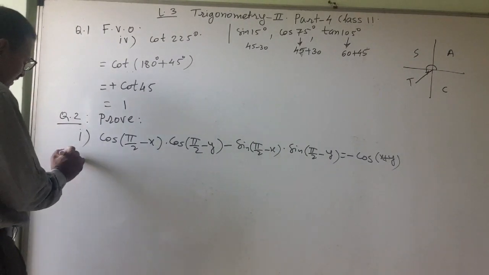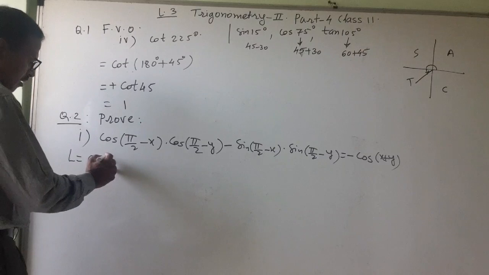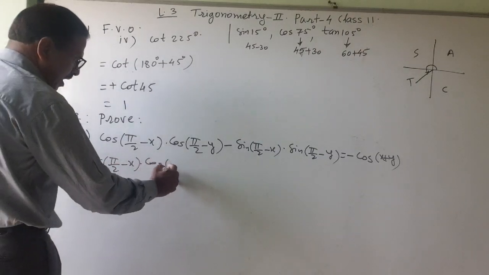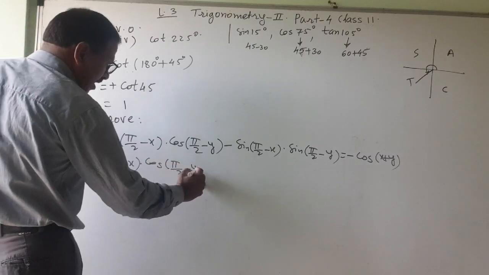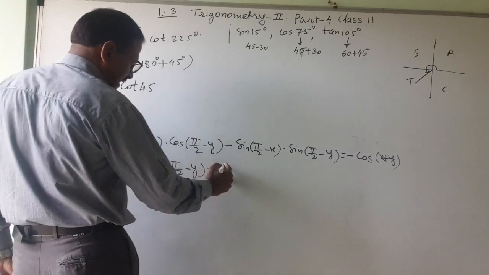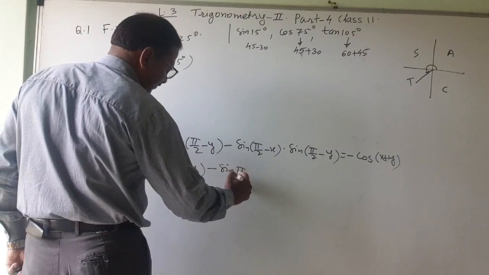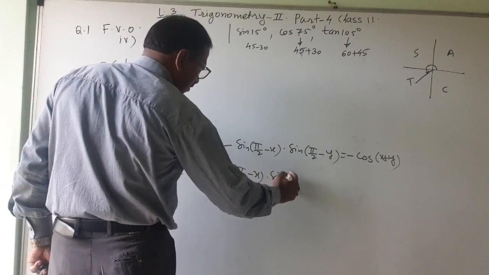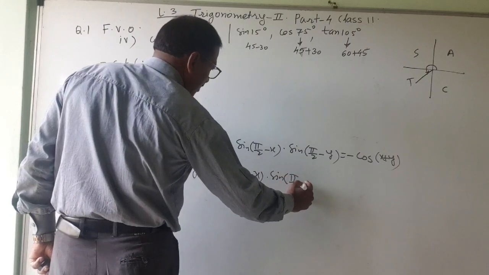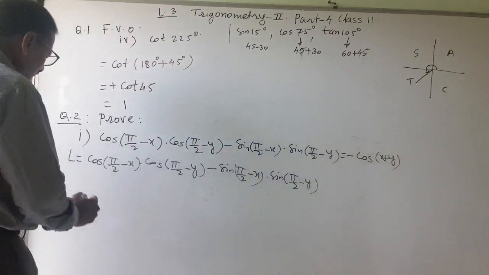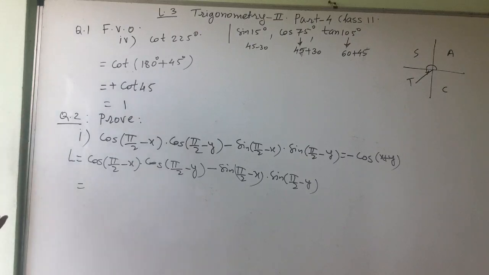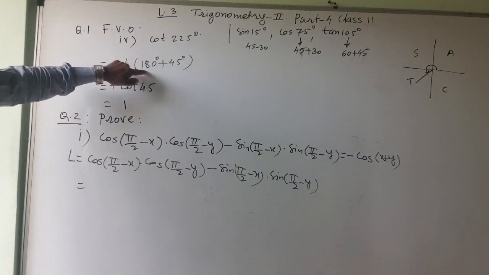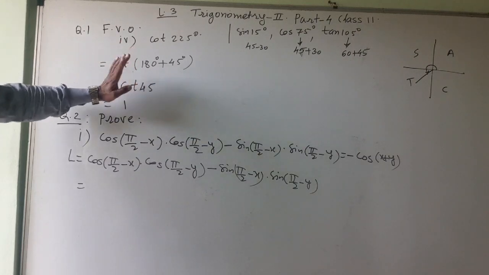Now I will write LHS equal to cos of pi by 2 minus x into cos of pi by 2 minus y, minus sine of pi by 2 minus x into sine of pi by 2 minus y. That is equal to, as if we add anything to 180 or subtract anything from 180, the ratio remains the same.